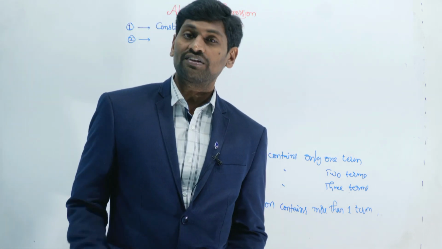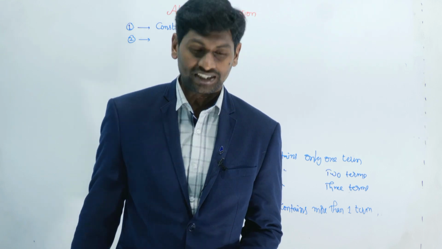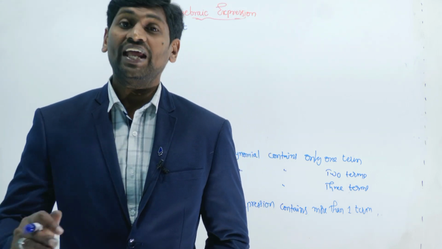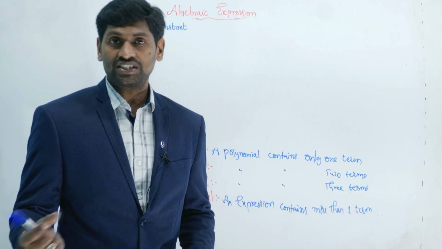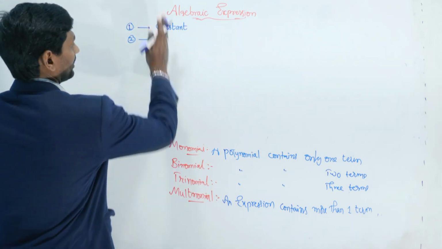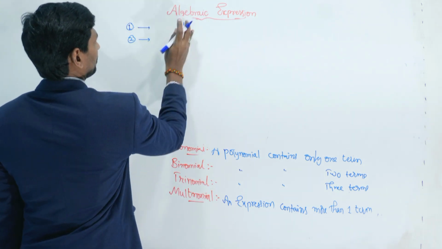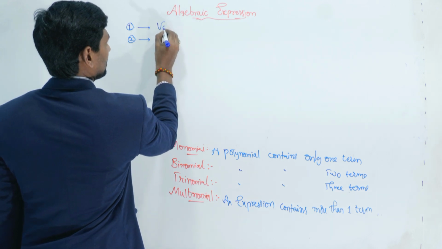Fixed value is constant. Sorry, first question: the symbol which can take various numerical values. Various means different values, so it is a variable. First answer is a variable.